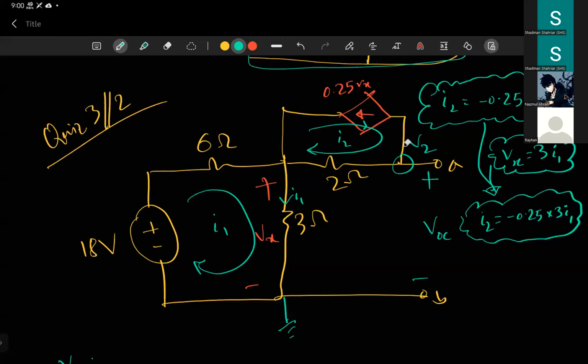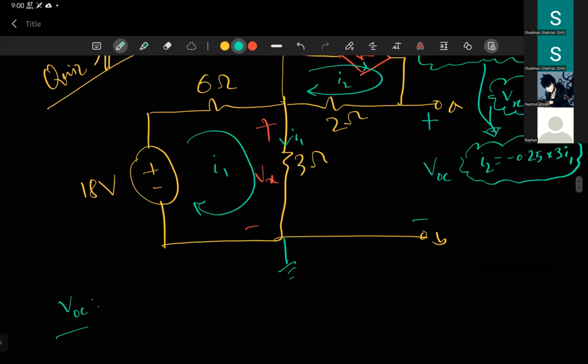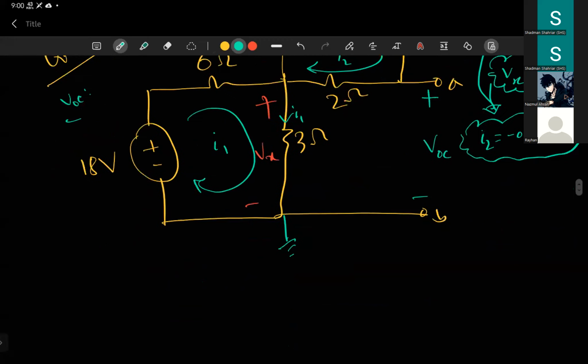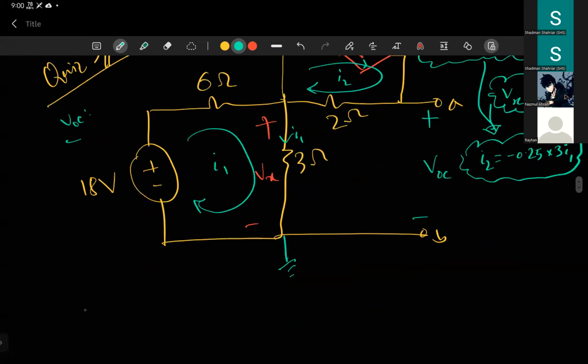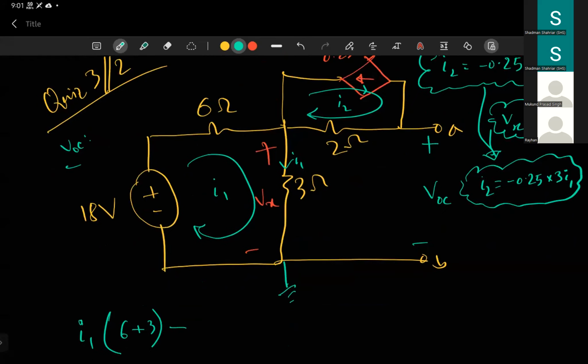And if you write the mesh equation for mesh 1, how will we write that? I1 times in mesh 1, 6 plus 3. Is the 6 ohm resistor common with any other loops? No, so we don't need to write anything else. The 3 ohm resistor is also not common to any other mesh.